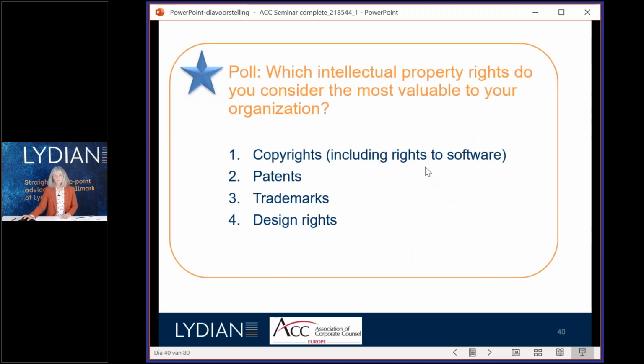It's just to have an idea of what is the most valuable right within your organization, so that we can have a little bit of focus. But obviously, I guess I'm interested to see whether copyright is very important within your organization, because it's the most discussed issue. And so after the poll, Iris will address the issue, tips and tricks regarding the real estate business.